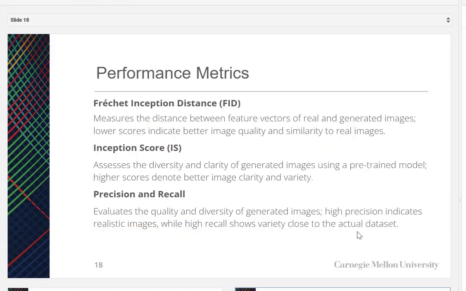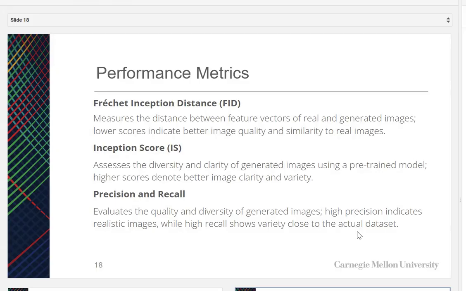And for the model evaluation, we evaluate the performance of our model using different metrics. We use the FID, where we measure the distance between the feature vectors of the real and the generated images. The lower the FID score, the better.